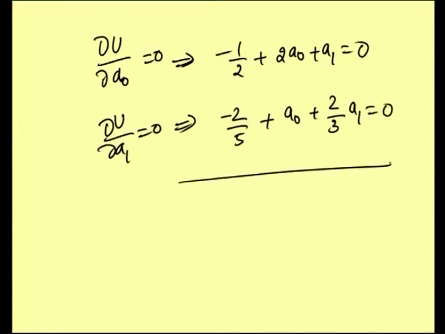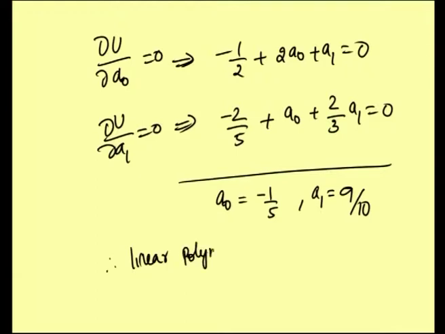We have to solve these two equations for a0 and a1, and we get a0 is equal to minus 1 by 5 and a1 is equal to 9 by 10. So that a linear polynomial approximation, the function x cube is linearly approximated as a0 plus a1 x.